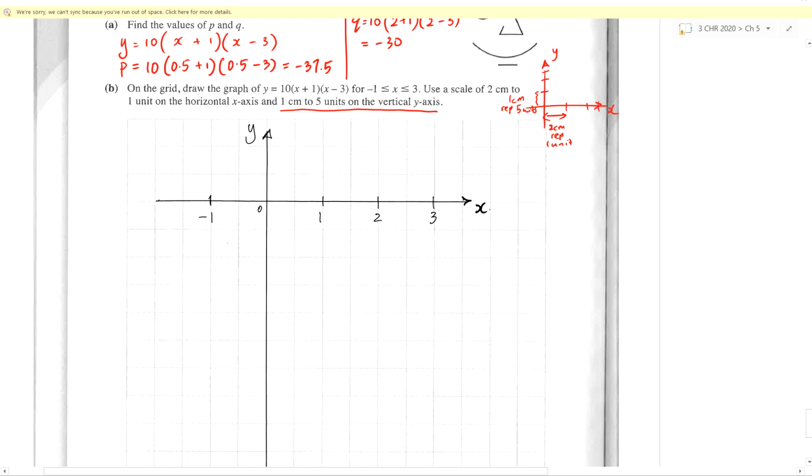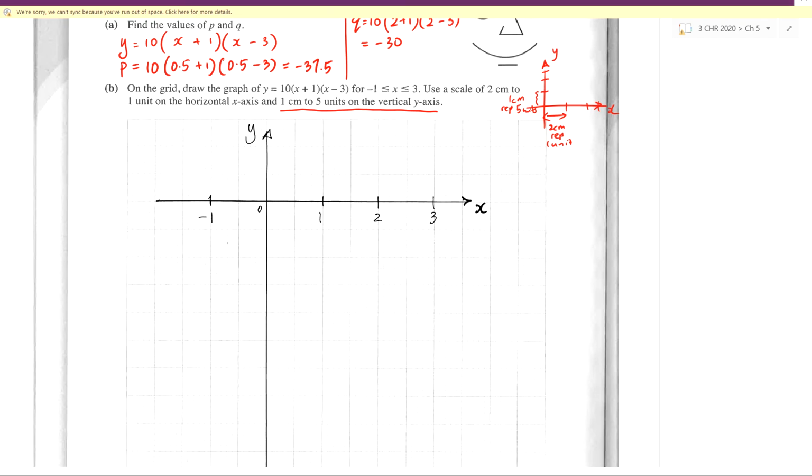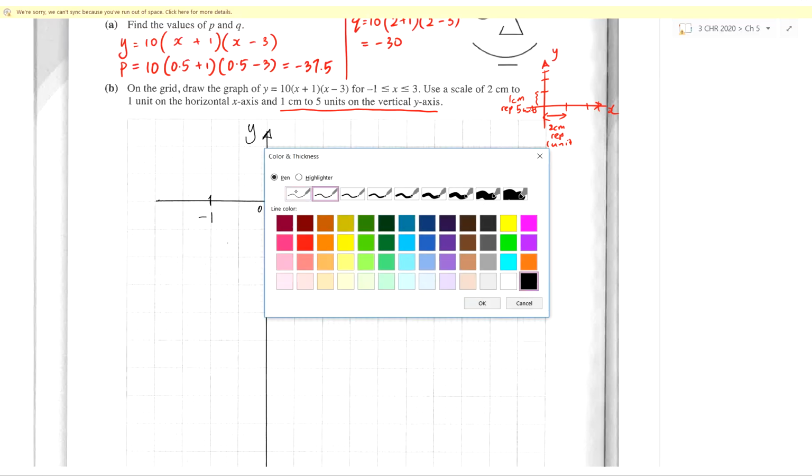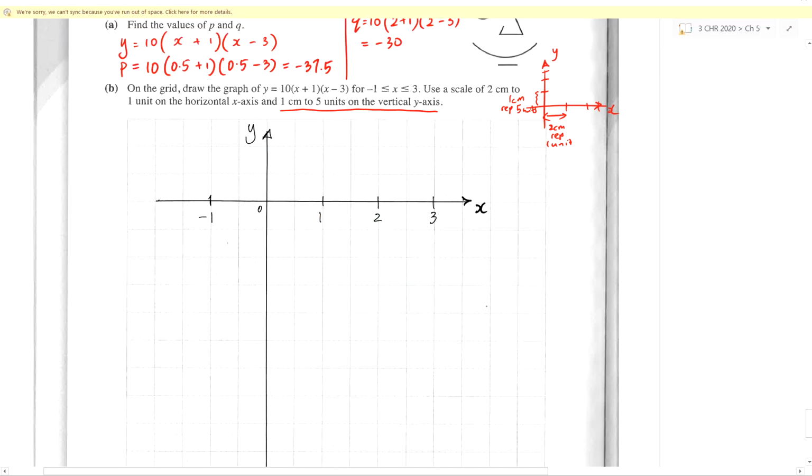This is my x-axis. Now let's move on to the vertical axis. 5 units for 1 cm. Okay, so here this will be 5. This will be 10. So we go down, negative 5, negative 10, negative 15.